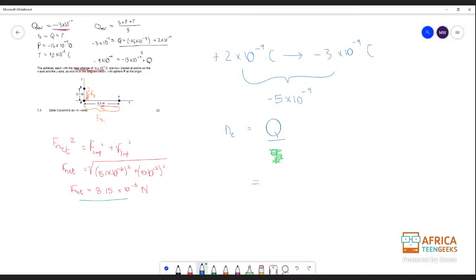And my Q is this value over here that I just found by looking at the difference. So I'm going to say -5 times 10 to the -9 divided by, your electron always has a charge of -1.6 times 10 to the -19 coulombs.